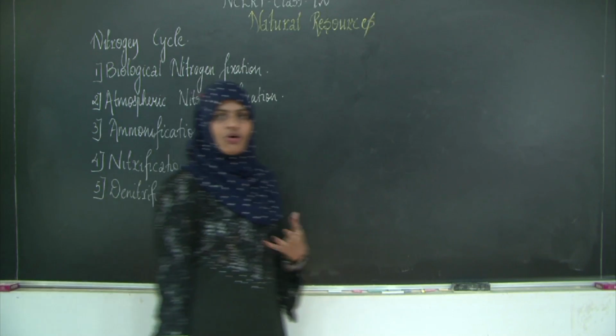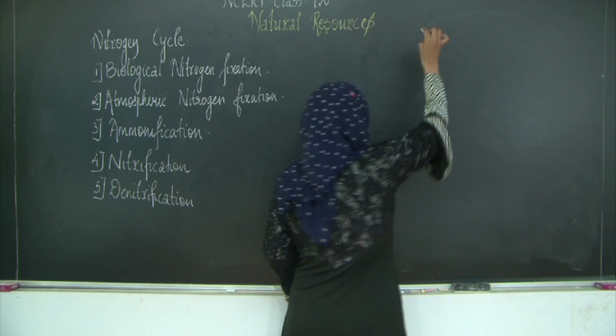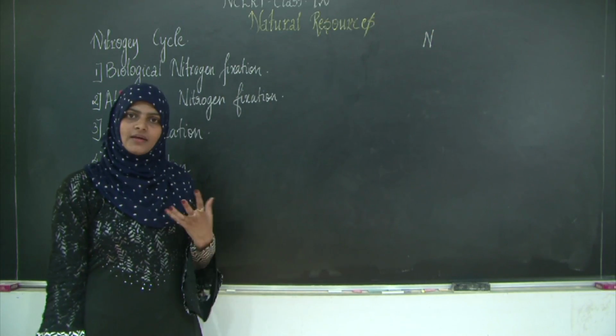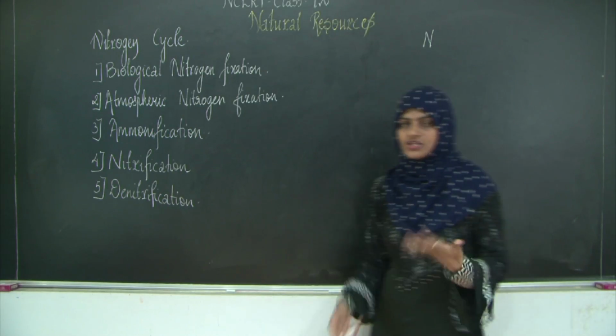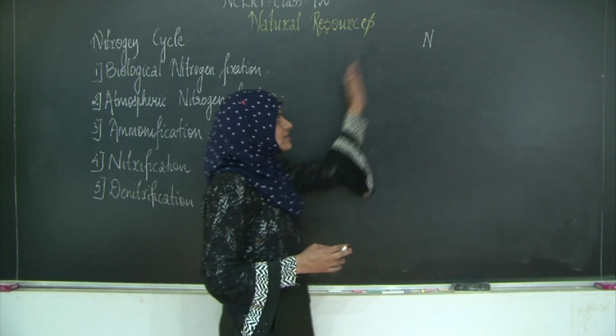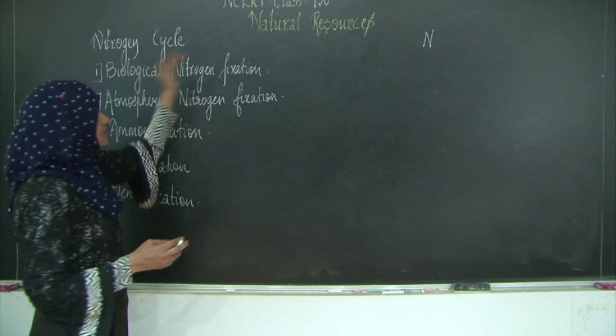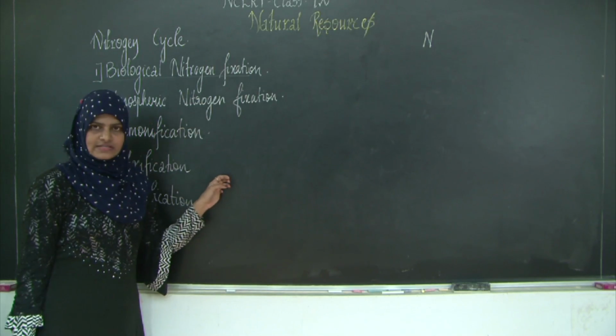Now, nitrogen we all know occurs as simple N in the atmosphere, and in this form it cannot be taken up by the plants or animals, right, and it is around 78% of the atmosphere. The maximum constituent of the air is nitrogen. So, how does it come in? It comes into the plants and animals through biological nitrogen fixation, the first one.